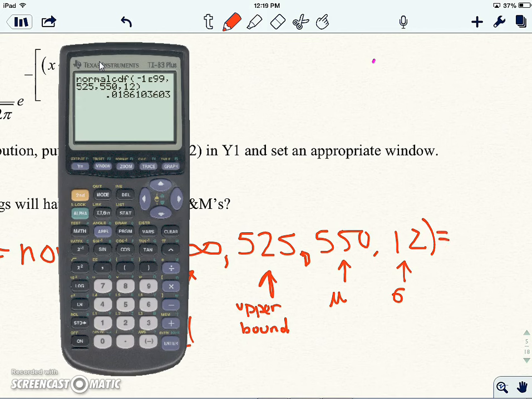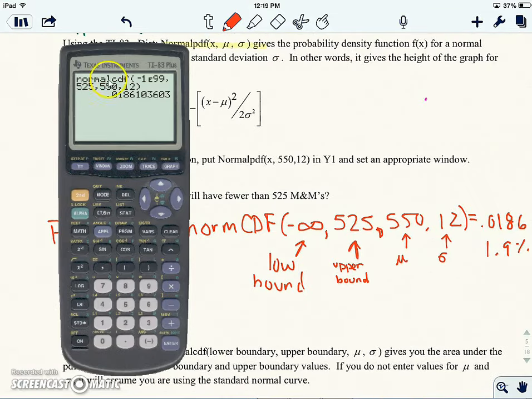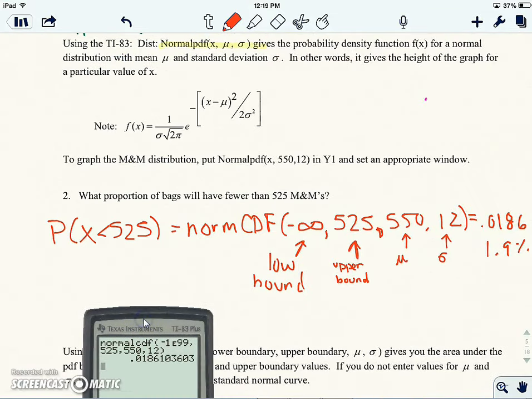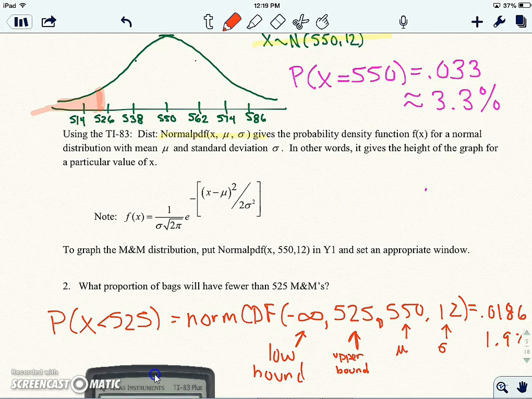So what I did here was I showed the amount of work that you would have to show, and it's equal to 0.0186, or about 1.9%, right? Chance of that, which makes a lot of sense because we are a full 2 standard deviations away, okay? And you have to write it like this.